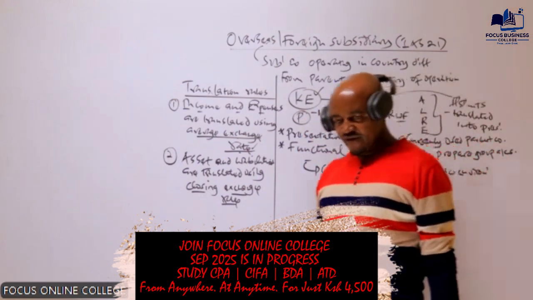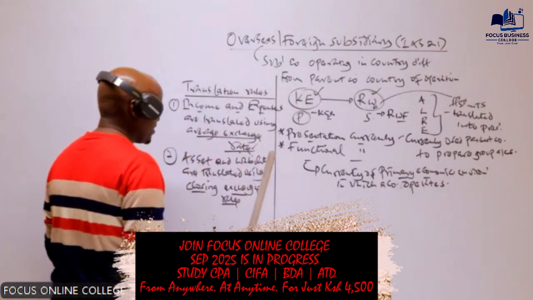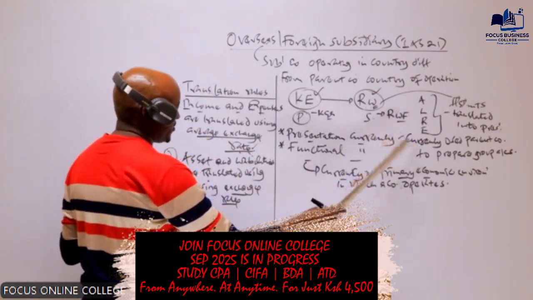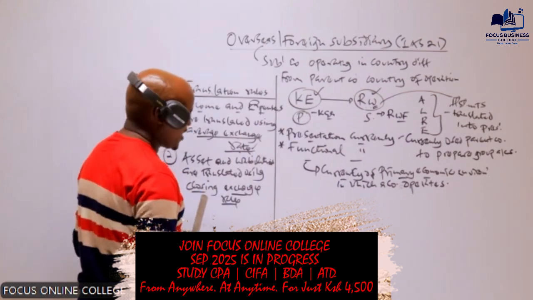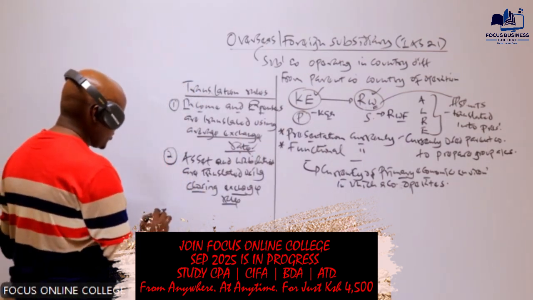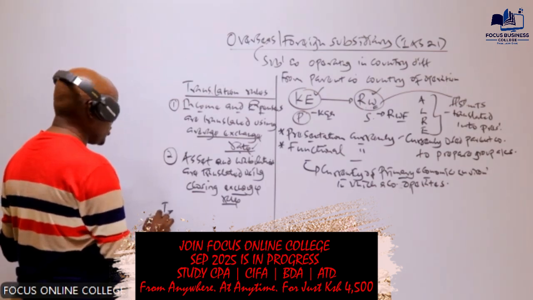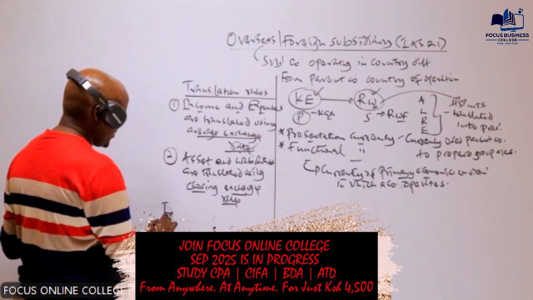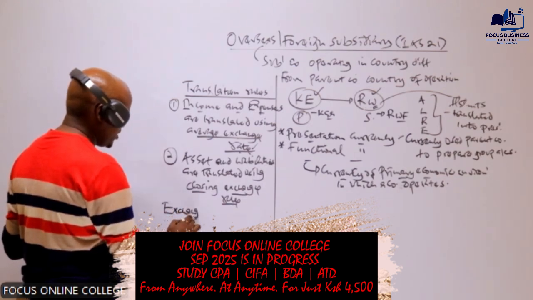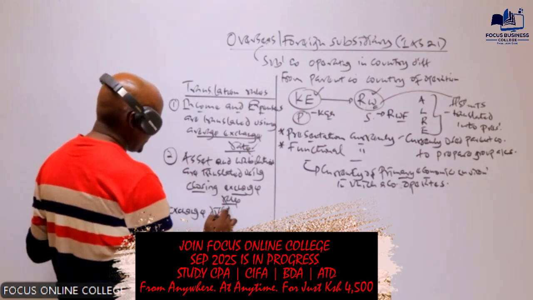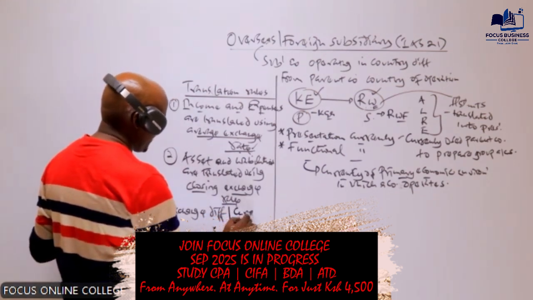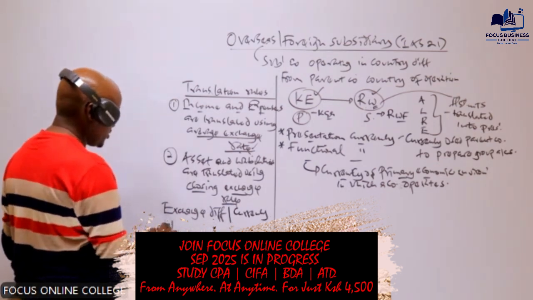But it is obvious that in the process of translating the assets, liabilities, revenue, and expenses of this foreign subsidiary into the presentation currency, there is something known as the translation currency difference, or we can just refer to it as the exchange difference. In other terms, we refer to this as the currency translation difference.